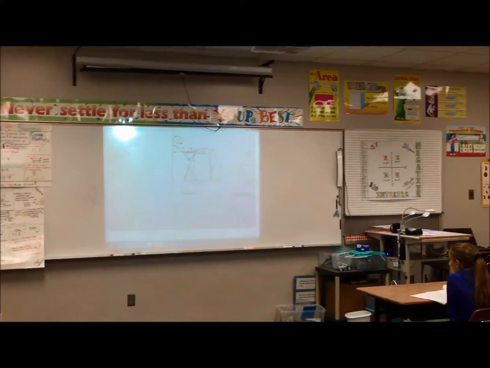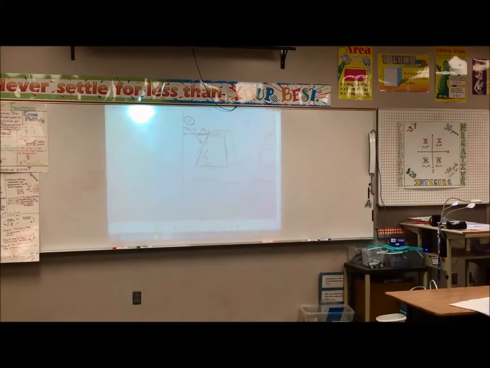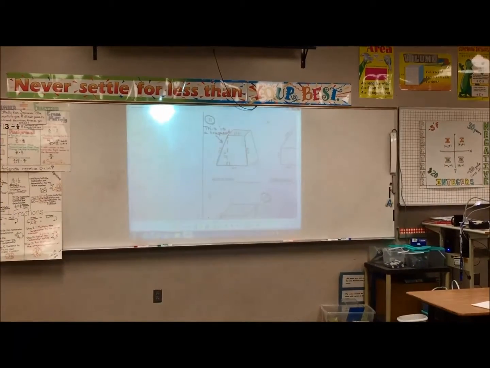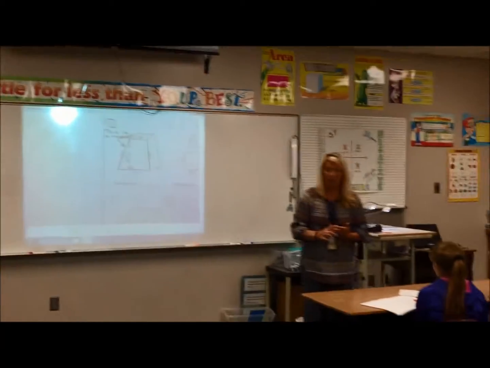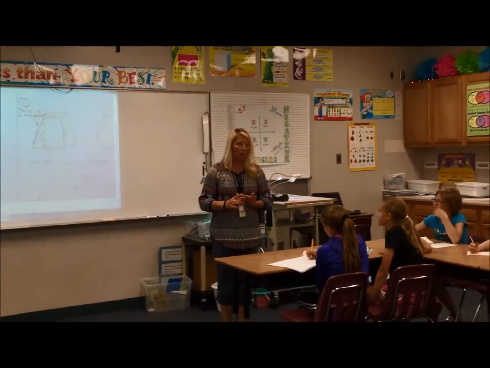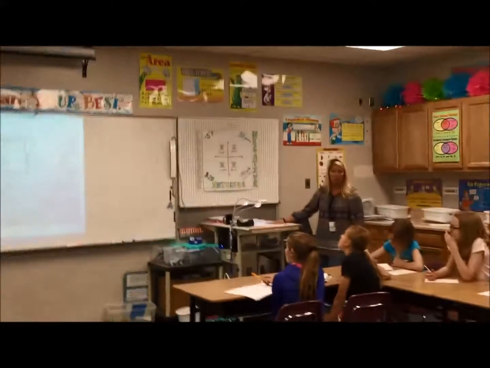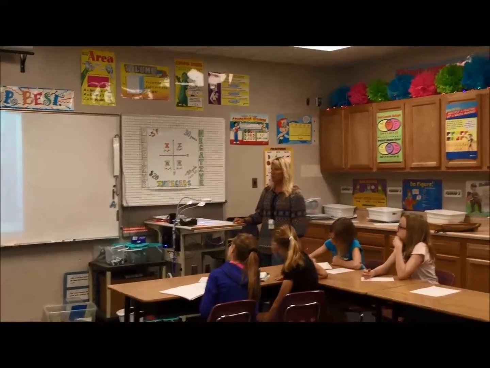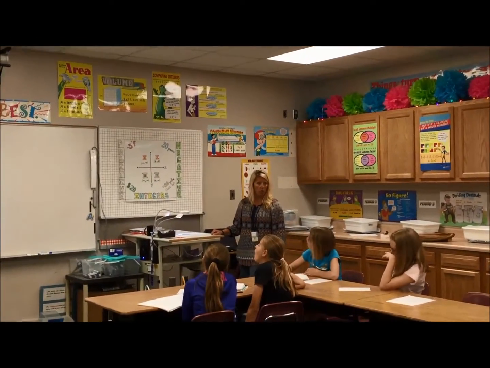So that is where we are going to be going with this. You should know how to find the area of a square, a rectangle, a triangle, and a trapezoid. Does everybody agree with me? And a parallelogram. So when we are finding what we call surface area, what if you get something that looks like that? Are you going to have to know how to find the area of that trapezoid?